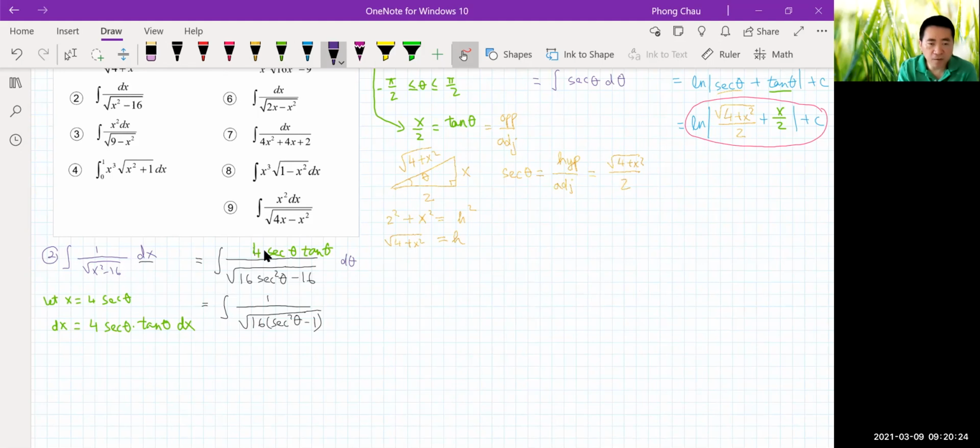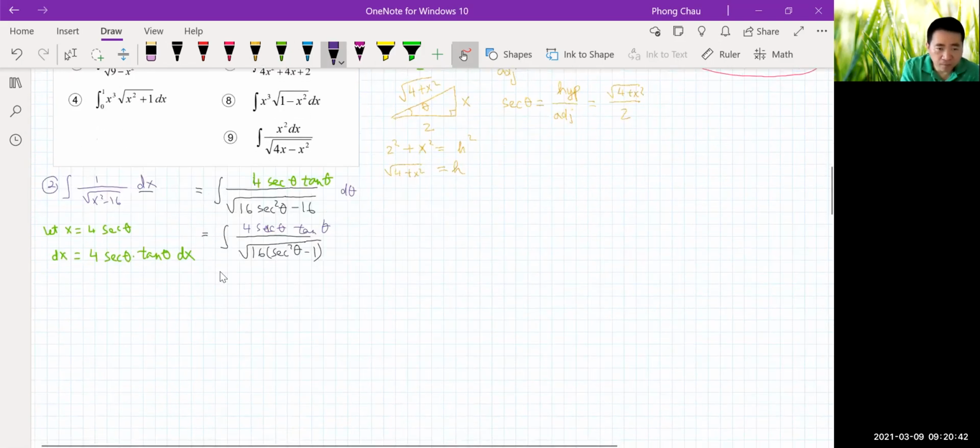All right, so here again, it's actually 4 secant theta tangent theta. Okay, and then what we have, this becomes the integral of 4 secant theta tangent theta d theta.